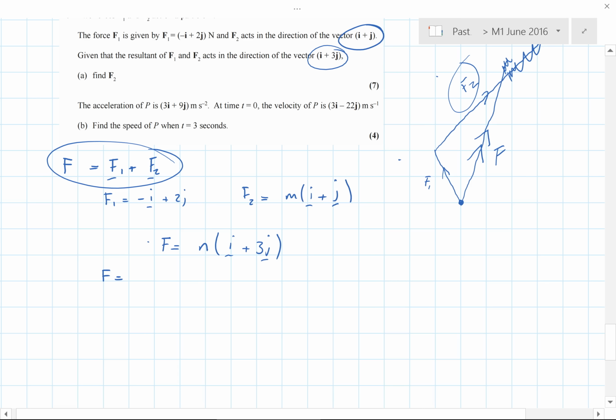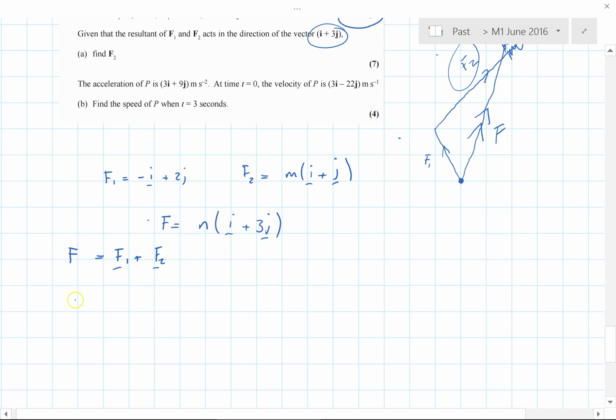So then F, which is n(i plus 3j), is equal to F1, which is minus i plus 2j, plus F2, which is m(i plus j).